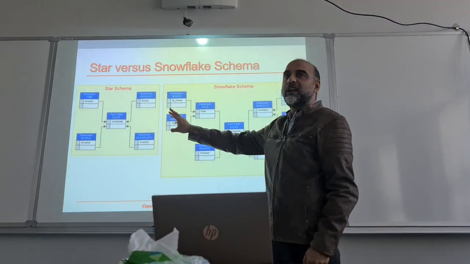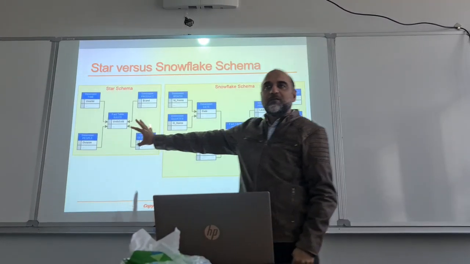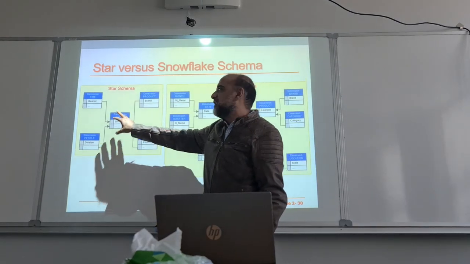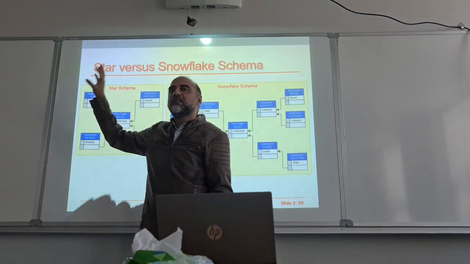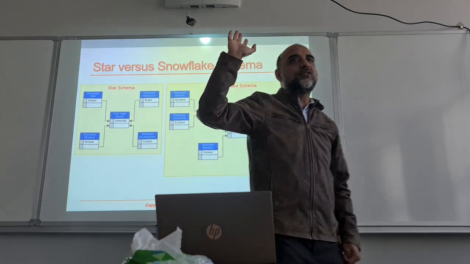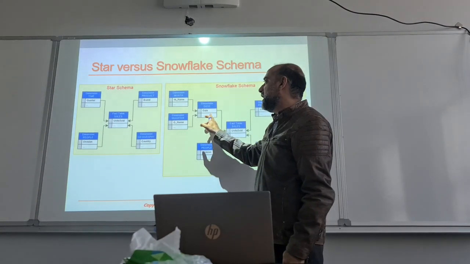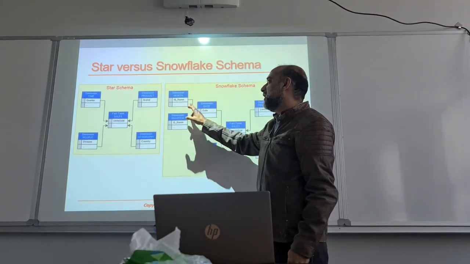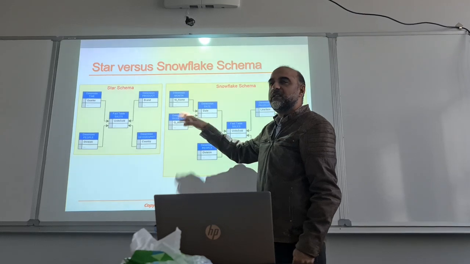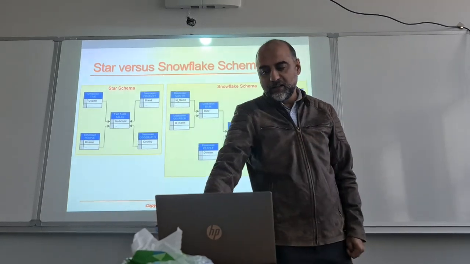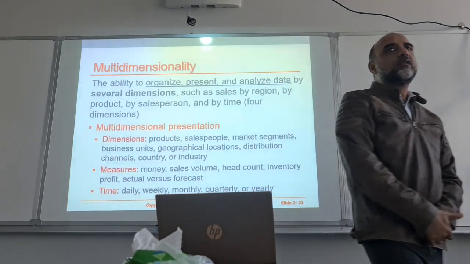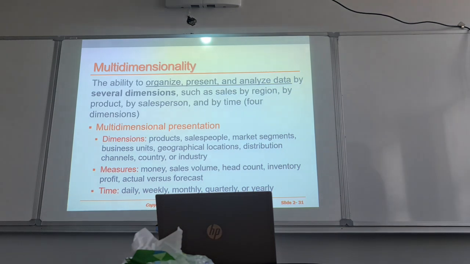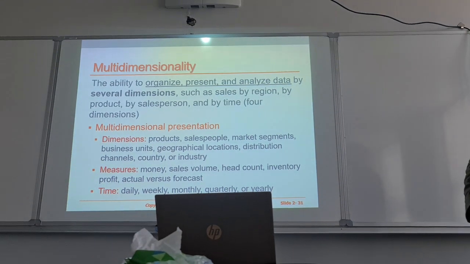It is simply the extension of the same thing. Do you understand this one? If I add more detail, then it's called snowflake. You can see here it's date, and then we can have months, quarters, and years, right? So it is just an extension of that. This is how the data is organized.